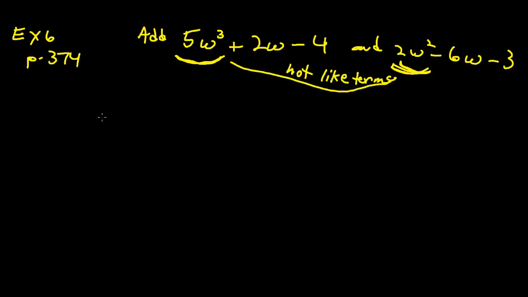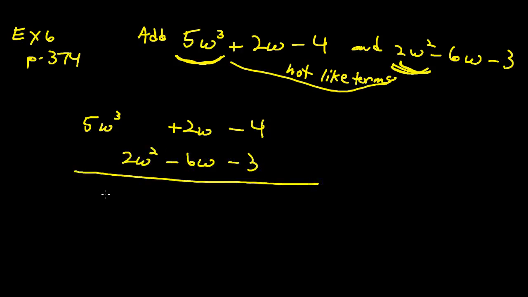So if they want us to add it with the column method, well, what I've got to do is make a w cubed column and a w squared column, so I'll leave room for that, and a w column and a constant column. All right. So when I combine now, well, 5w cubed, that doesn't combine with anything.